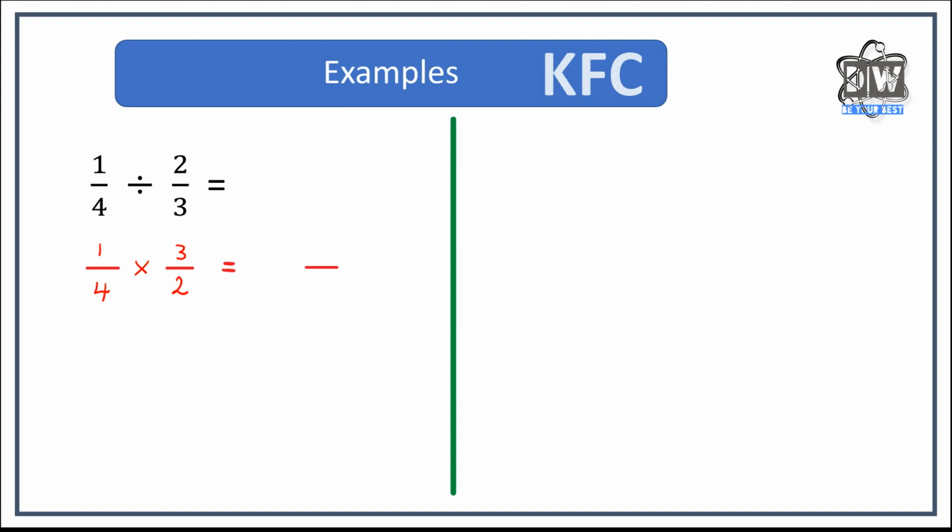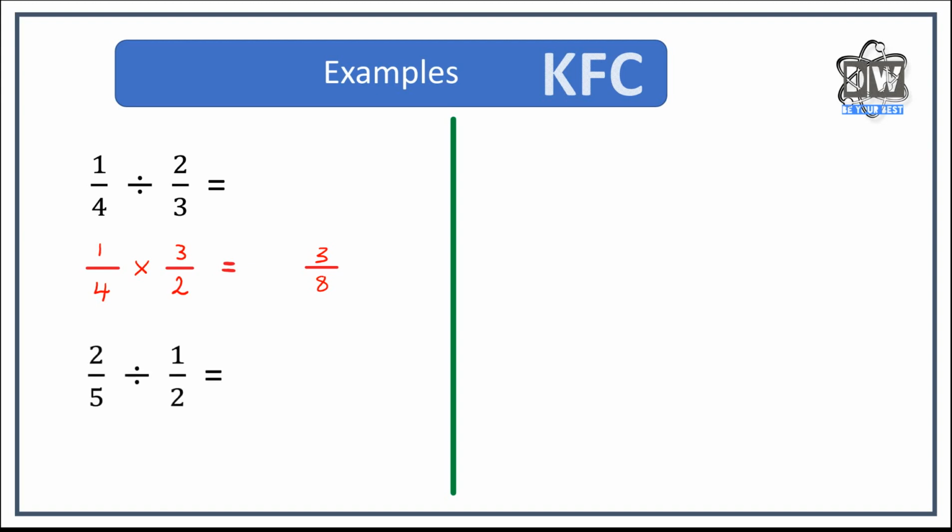There are different things we can do with fractions when it comes to timesing, and I've gone through all of those on the other screencast, but very simply, that's the process we're going to go through. So it's 1 times 3 equals 3, and 4 times 2 gives us 8. And that fraction is in its simplest form, so we would leave it like that.